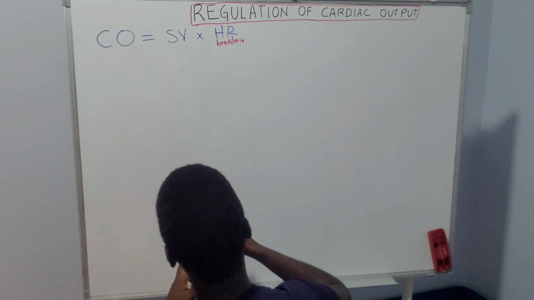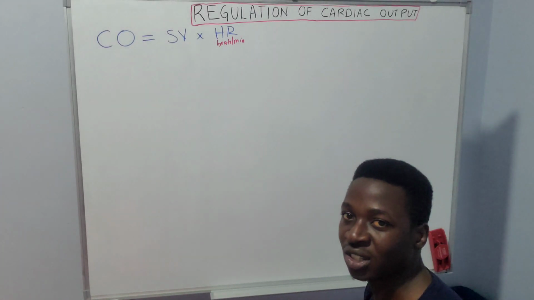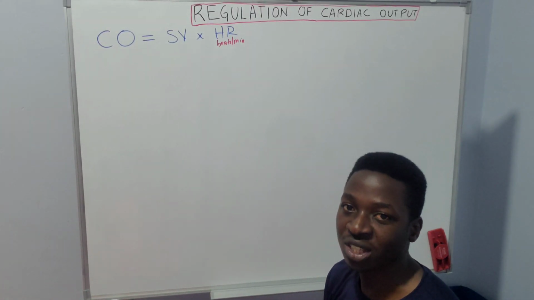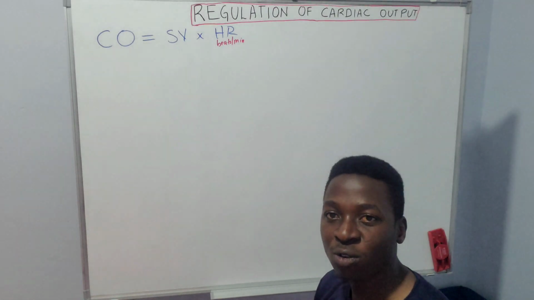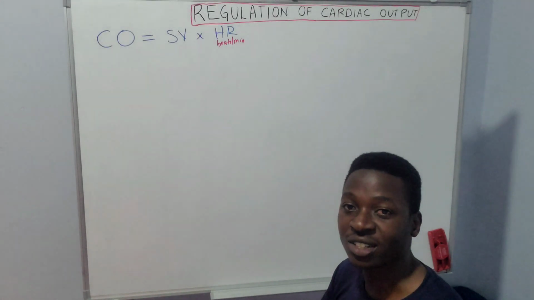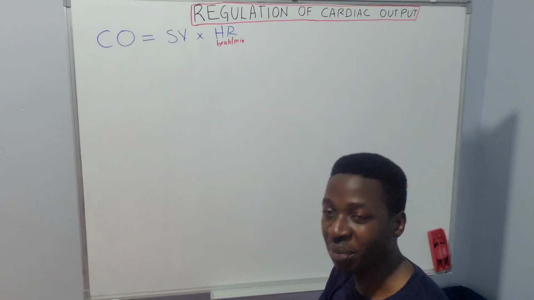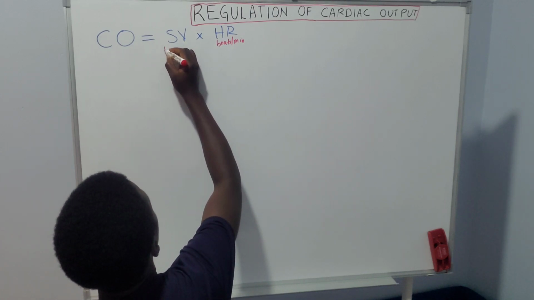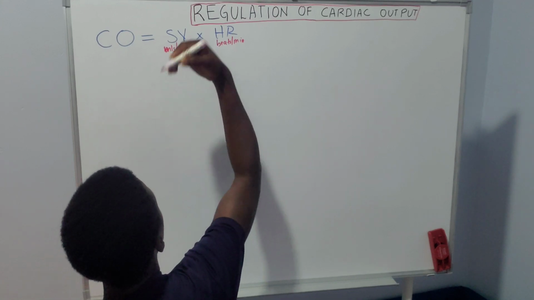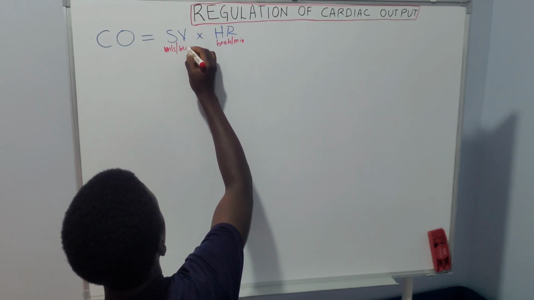Whereas the stroke volume is the volume of blood ejected by each ventricle, rather, in 1 beat. So stroke volume is the amount of blood ejected by each ventricle in 1 beat, okay? So how many mils are you ejecting out of the ventricle in 1 beat?